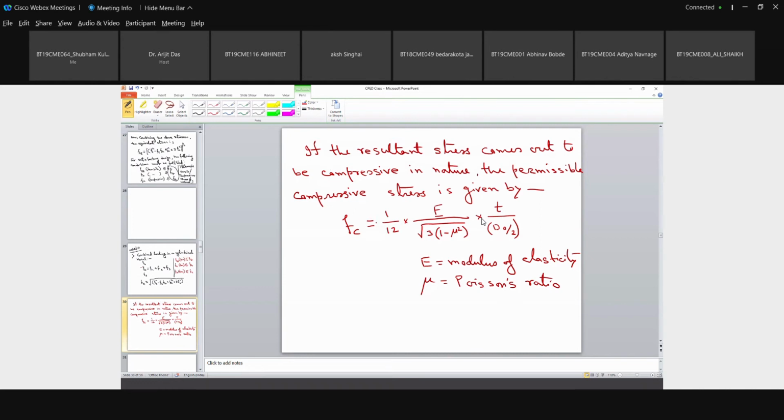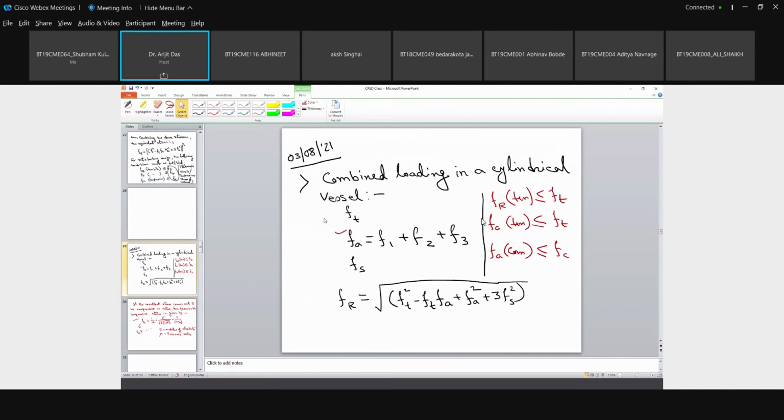And if this condition fails, suppose Fc is greater than this expression, then you have to increase the thickness such that these equations become satisfied. So these are the two checking points for the satisfactory design.